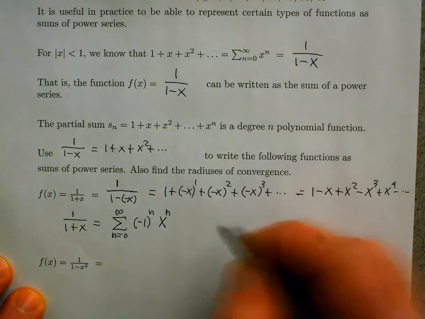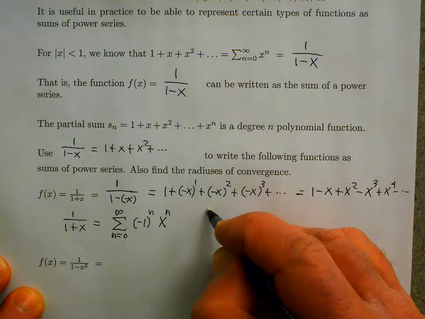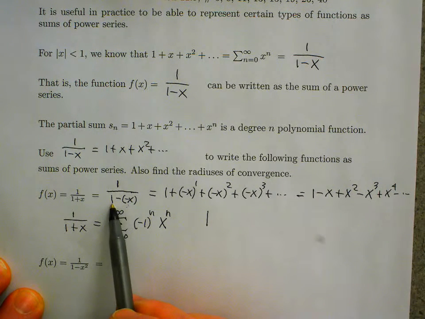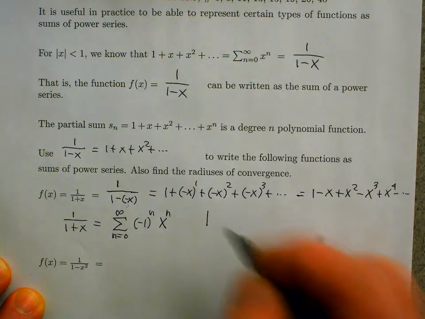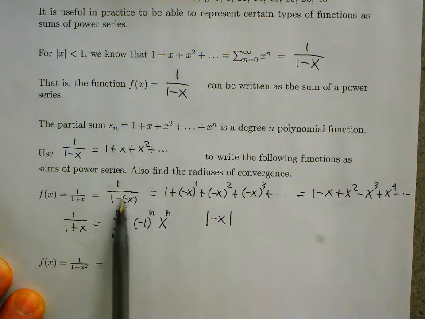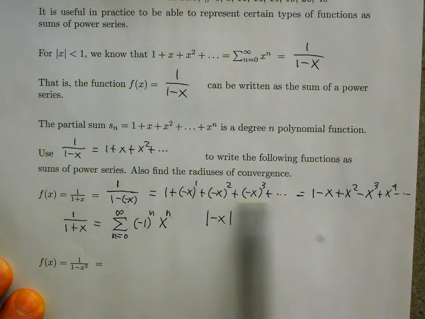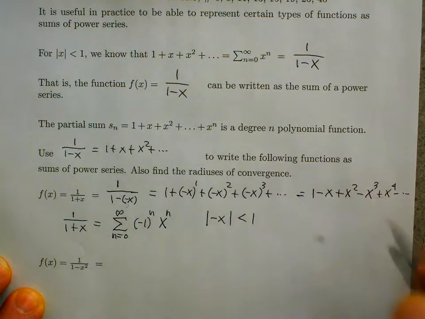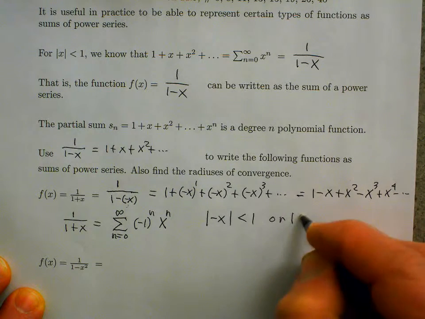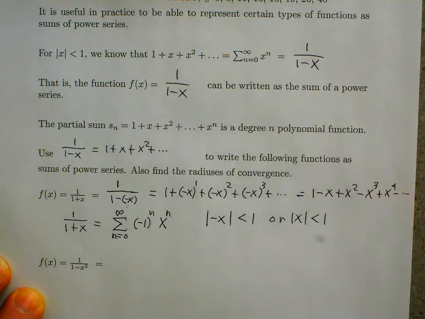Okay, so for this one, in this denominator, we had 1 minus negative x, so the absolute value of negative x. Since we wrote it as a geometric series, the absolute value of negative x is less than 1. But the absolute value of negative x is just the absolute value of x, which is less than 1.